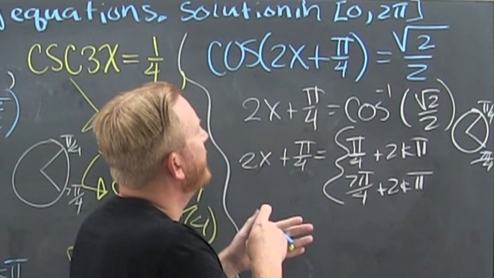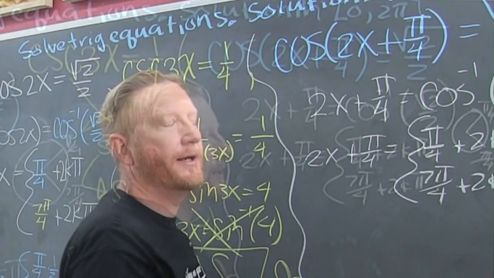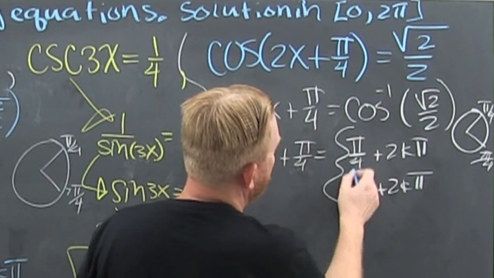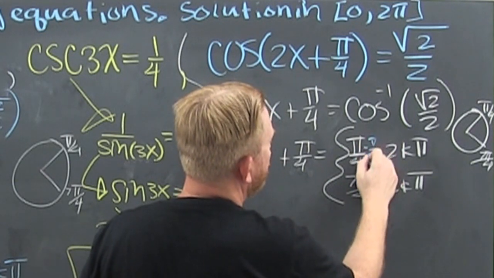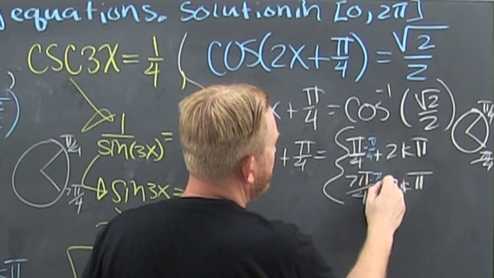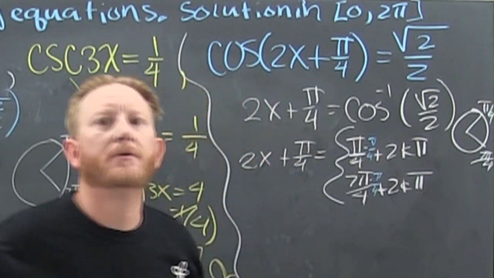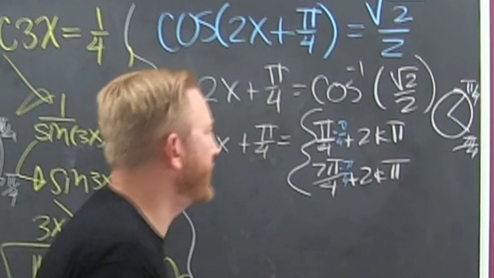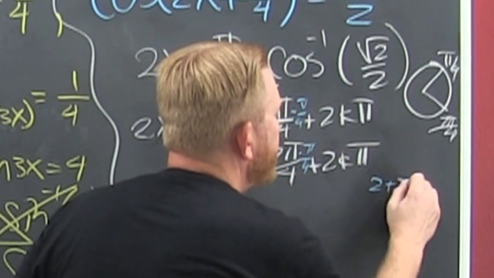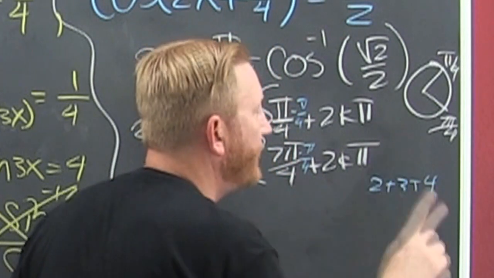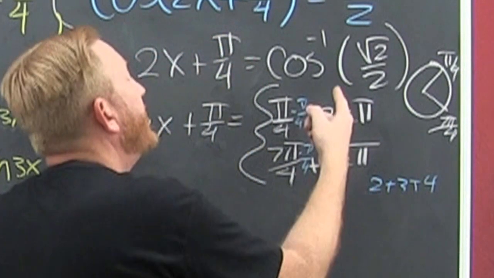I subtract that pi over 4 in each case. Why don't I do it to the 2k also? Only one. There can only be one. If you had 2 plus 3 plus 4, the 2 adds to the 3 or the 2 adds to the 4, but it only does one.